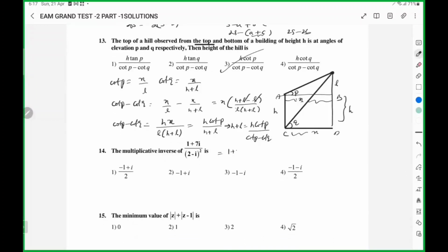Here it is 1 plus 7i by 4 plus i square minus 4i, which is 3 minus 4i.